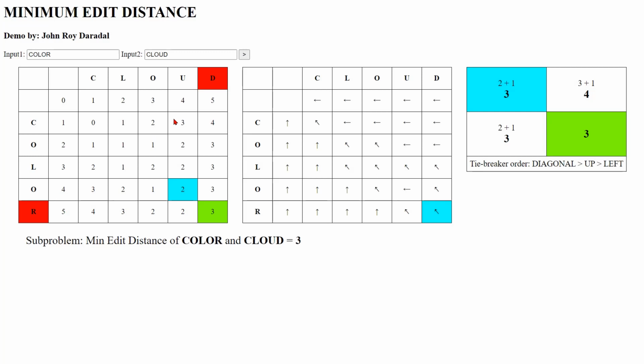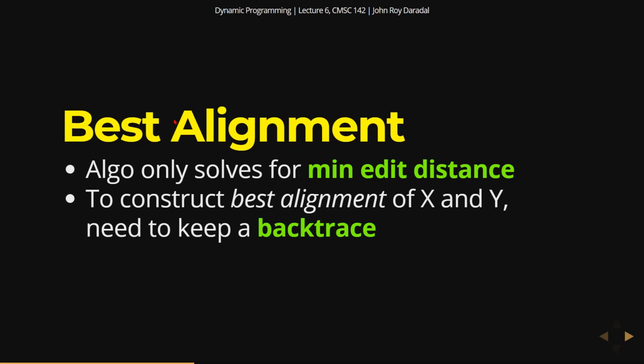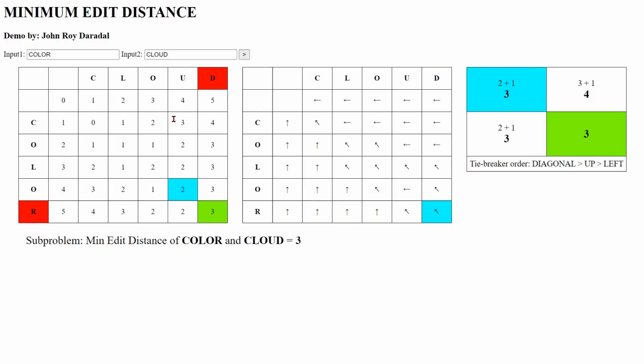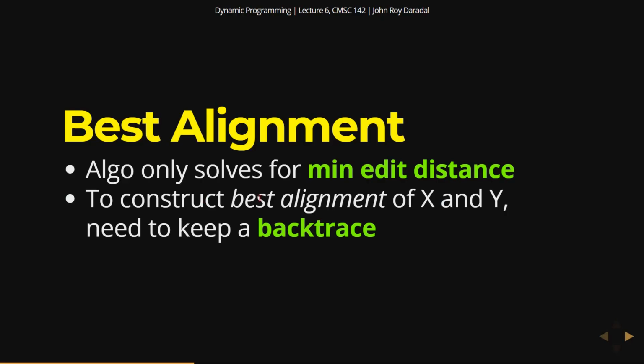But what is the alignment of color and cloud such that the edit distance is 3? So how will we find that out? Since we've been only saving values or numbers so far, we actually need to save additional information to create the best alignment. So we need to keep something called the backtrace.